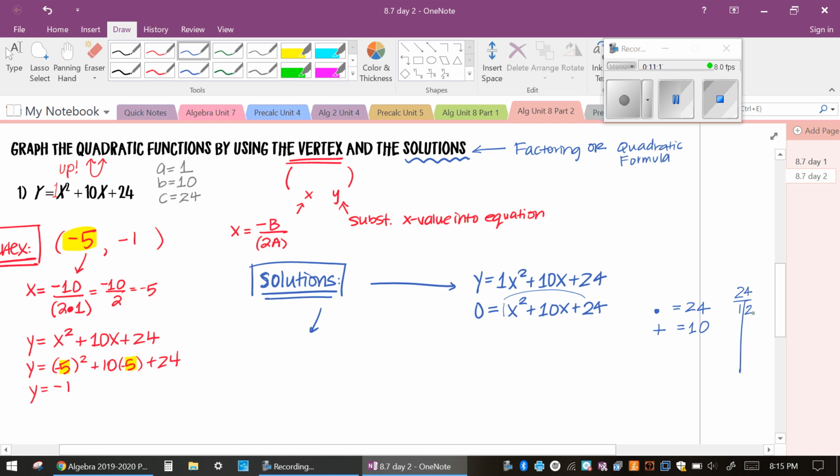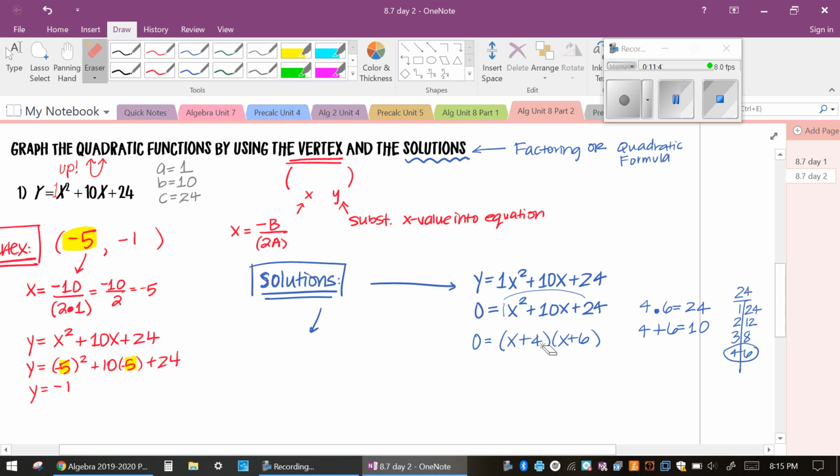Now they both have to be positive because there's no negatives in the problem. So even though I can make 10 from 2 and 12 by doing 12 minus 2, I would have to use subtraction. That's a negative. And remember, there's no negatives in the problem. So the combo that would work would be 4 and 6. I can use my shortcut and say this is x plus 4 and x plus 6.